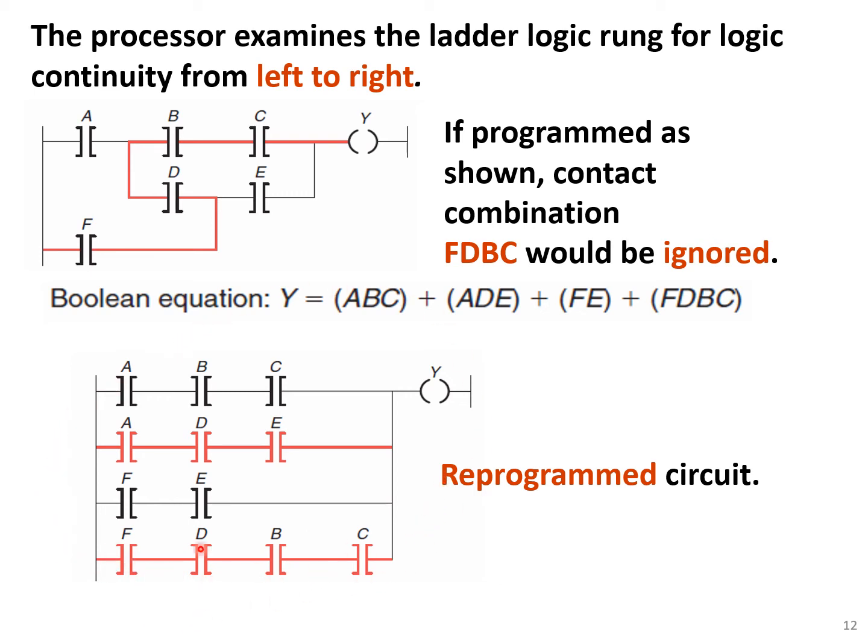Yes, so we have that FDBC path, and we included all of these conditions. So we cannot go from right to left. We should always go from left to right. This is the way the processor of the PLC examines the program.